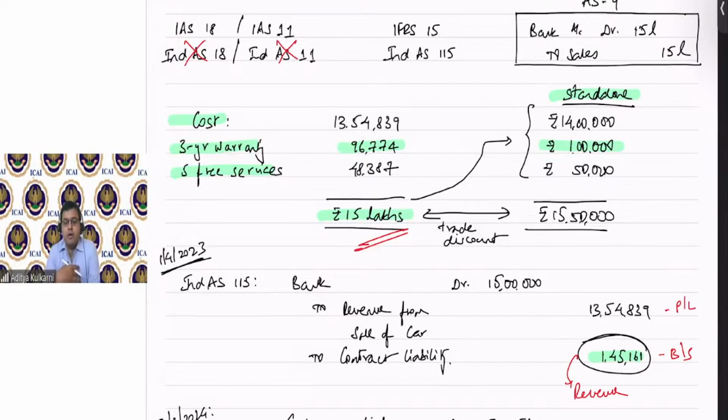If I am providing these goods and services separately on a standalone basis, then you will allocate the transaction price on the basis of the standalone prices of those goods and services provided by you. This is the first step. So allocate the transaction price on the basis of standalone prices provided by the seller himself or herself.